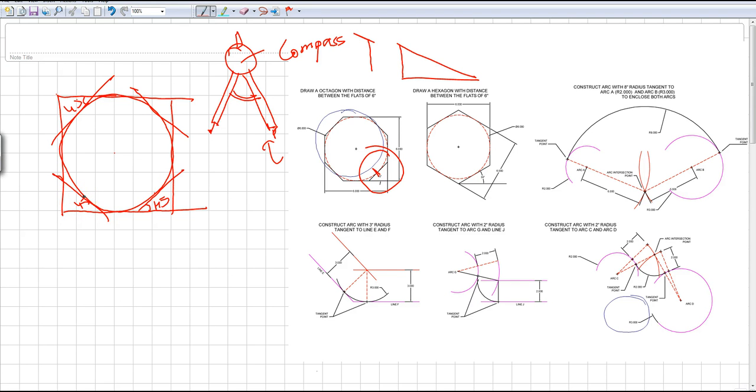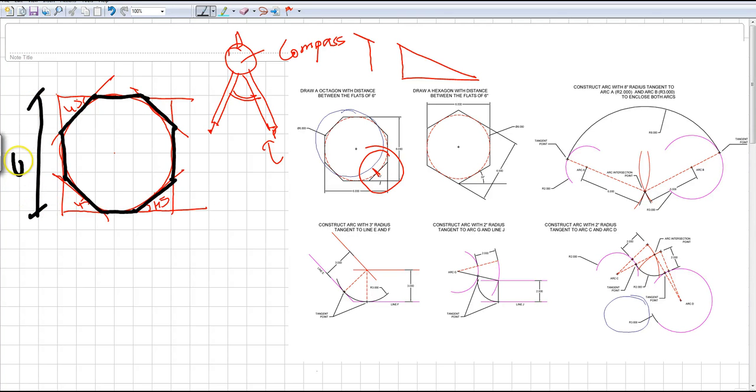And now I can just highlight my octagon. 1, 2 sides, 3, 4, 5, 6, 7, and 8.